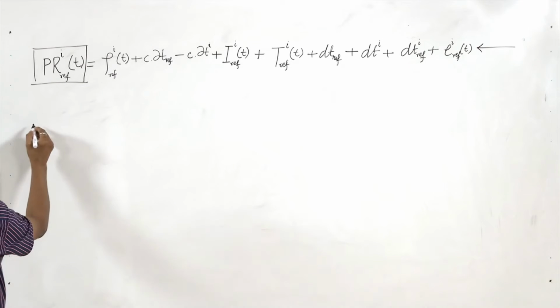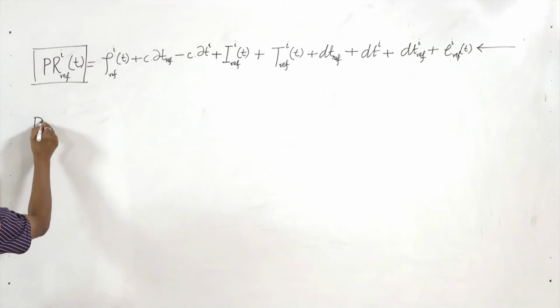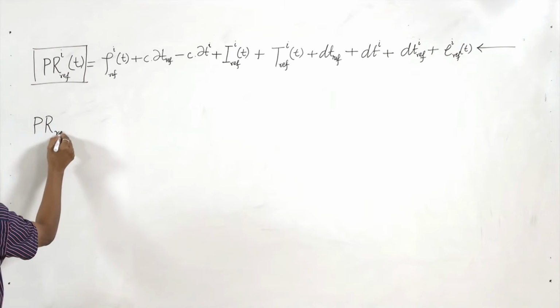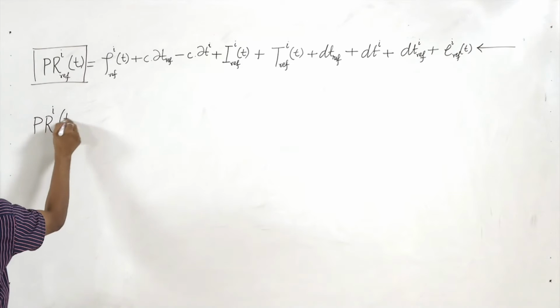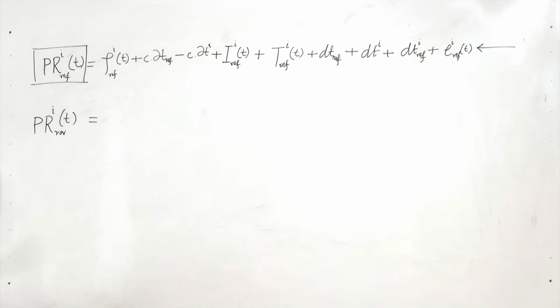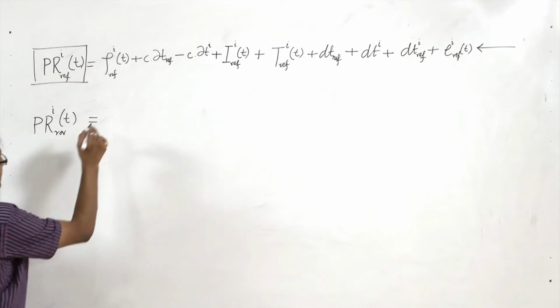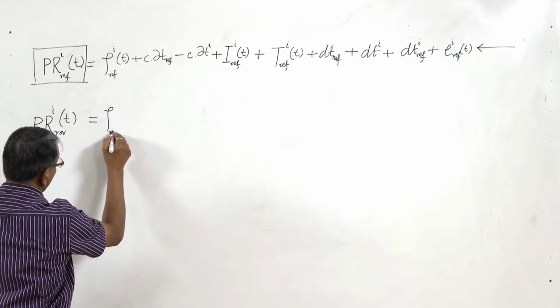Similarly, if we take the pseudo range of the rover receiver from the same satellite at the same epoch of time, we will get a similar expression.